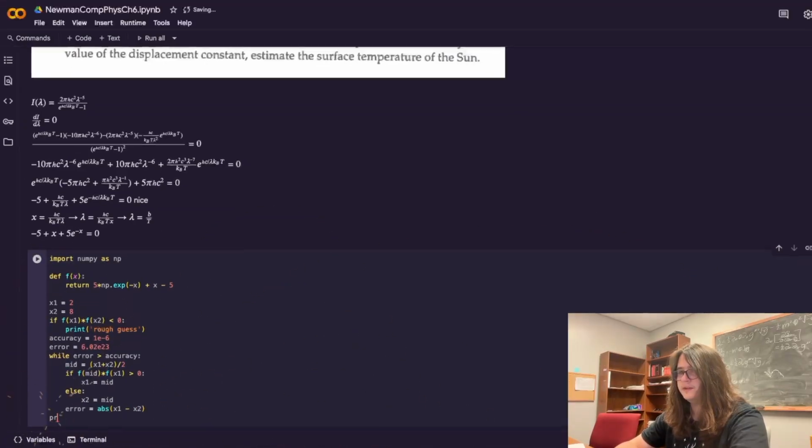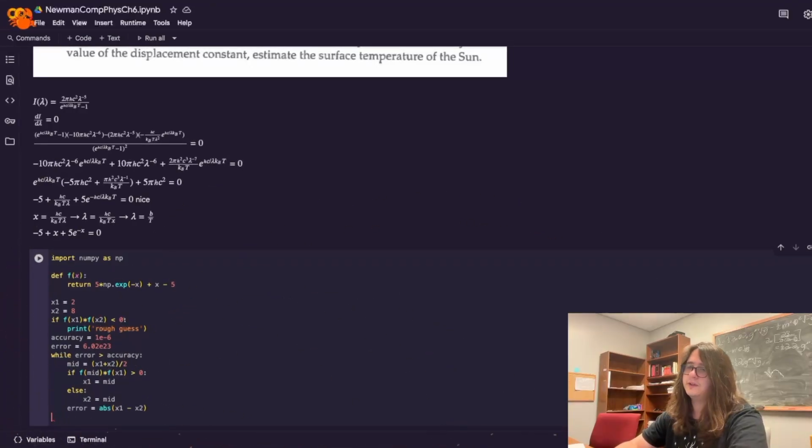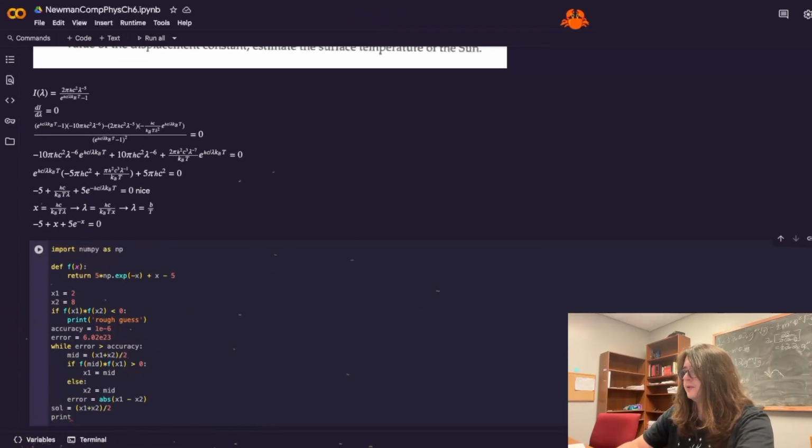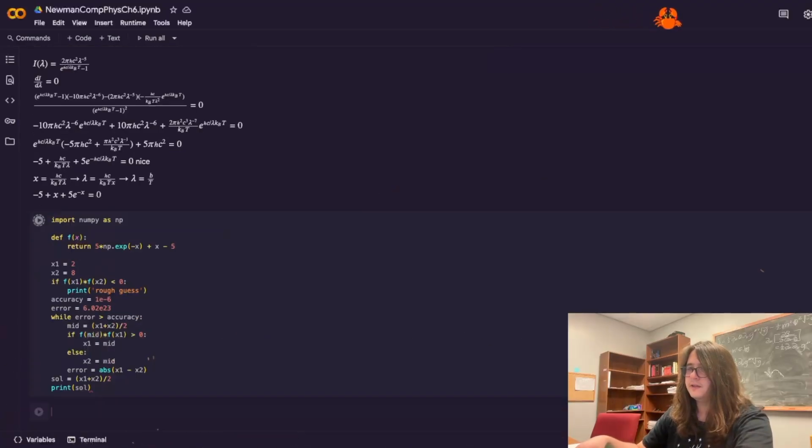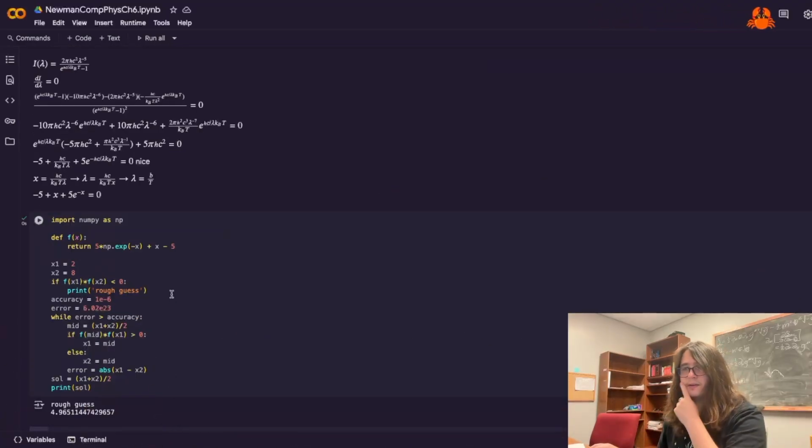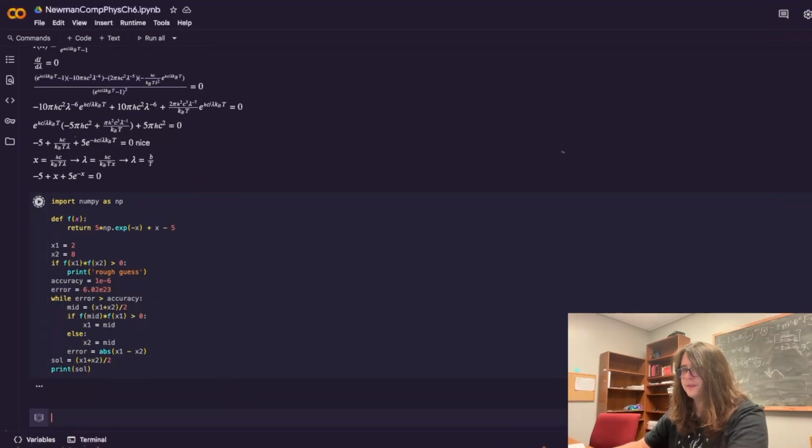And at the end, the solution to the actual equation will be the midpoint of the last two things that you find, so x1 plus x2 over 2 again. And we can print the solution like that. And I think I actually need to flip the sign of this.